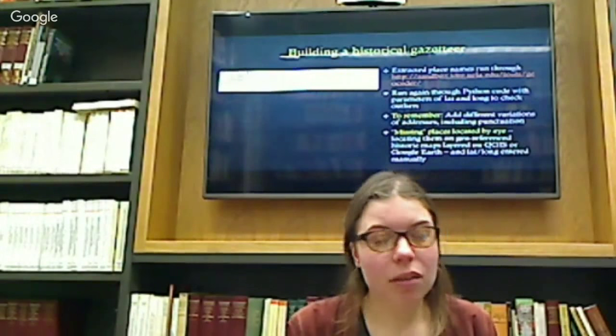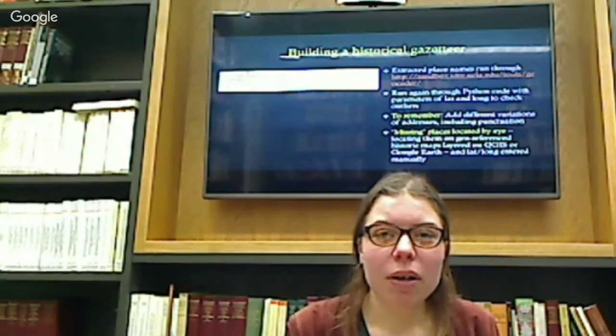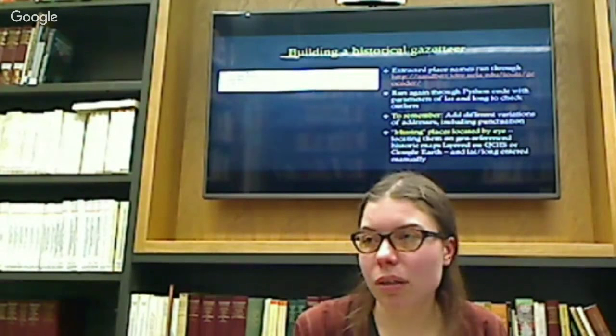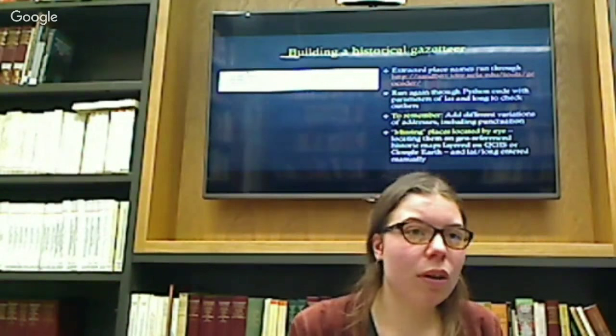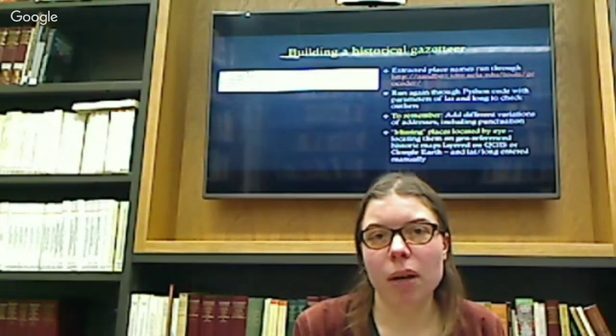What I'm particularly interested in, as a historian, is places that don't exist anymore. So my main interest isn't particularly in the text mining side of things. What drives me as a historian, and increasingly as a digital historian, is the mapping side.